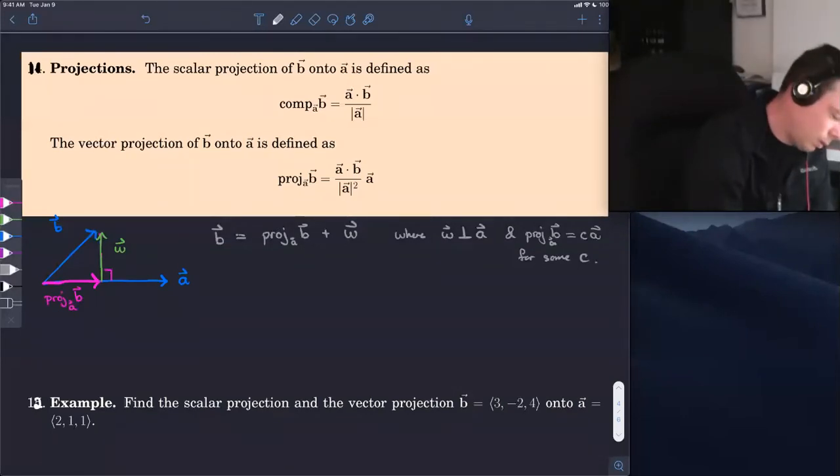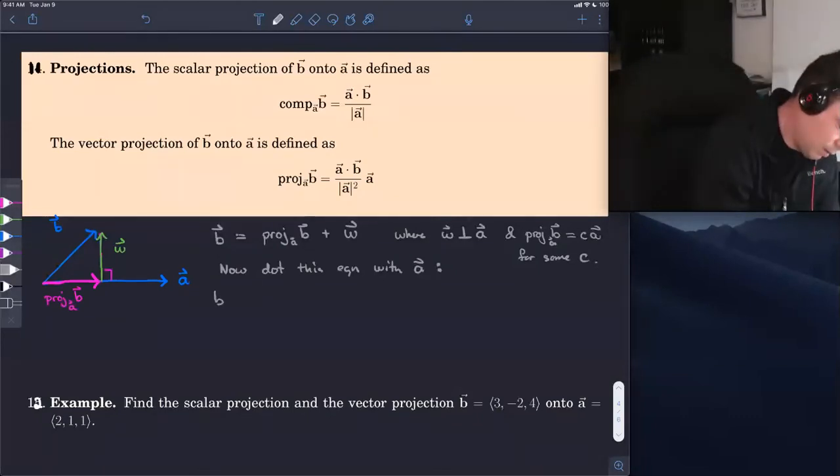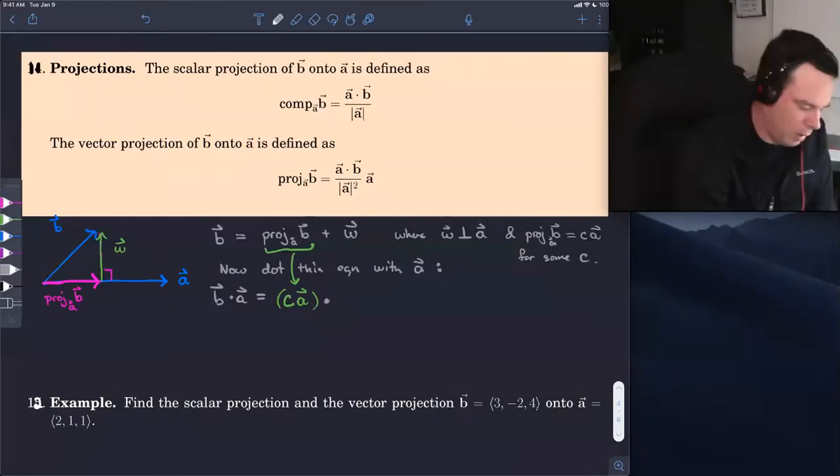And now we will dot this equation with A. That means I'm going to take the left-hand side and dot it with A, and then take the right-hand side and dot it with A. For the right-hand side, I'll rewrite the projection of B onto A as C times A, so I don't have to write that messy expression.